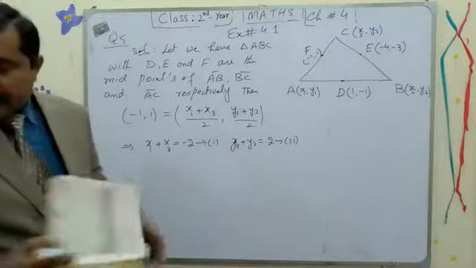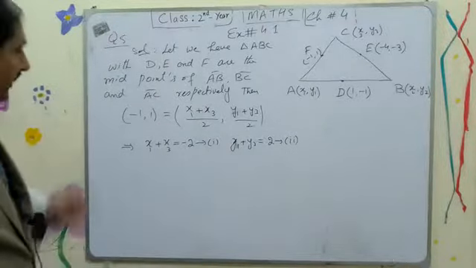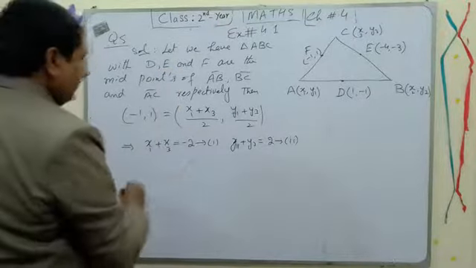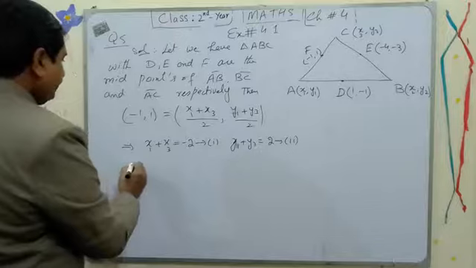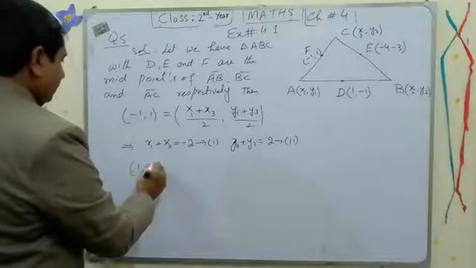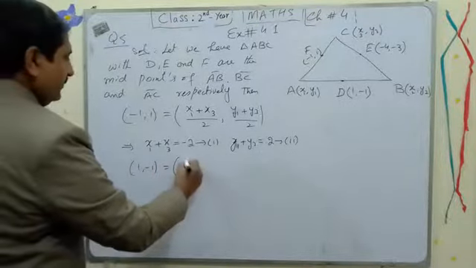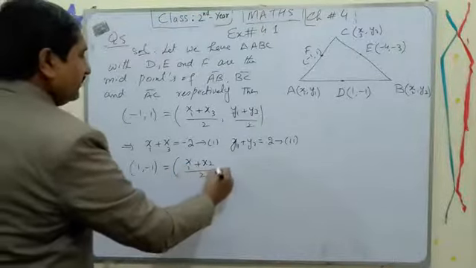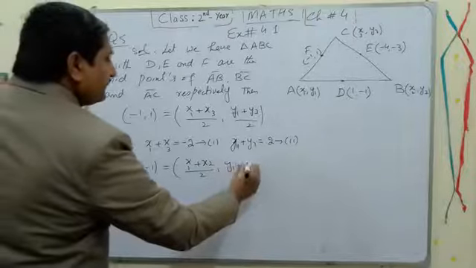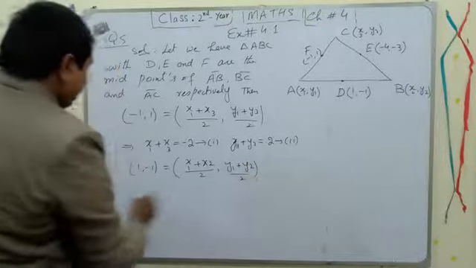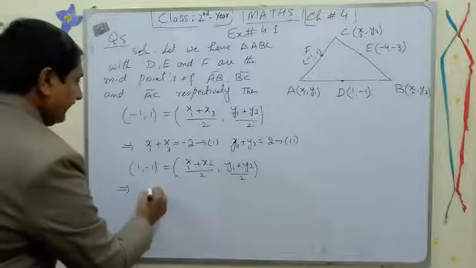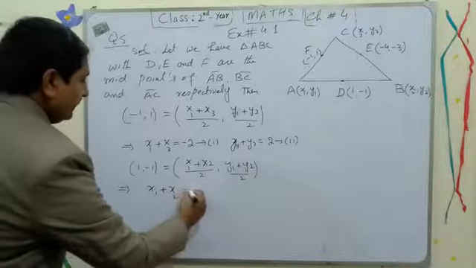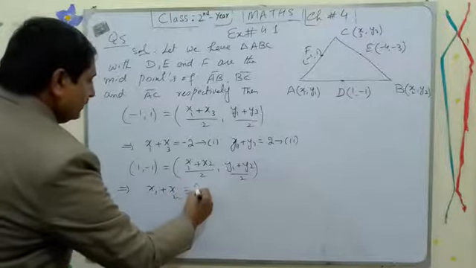So similarly for all other points. If we discuss the point D of AB, then (1, minus 1) is equal to ((x1 plus x2) divided by 2, (y1 plus y2) divided by 2), and this implies that x1 plus x2, when we multiply, 1 into 2 becomes 2.